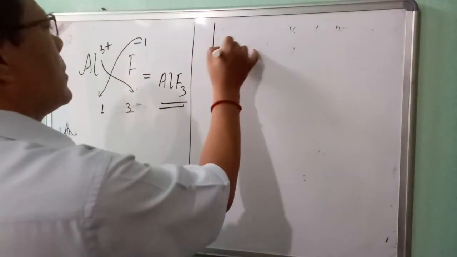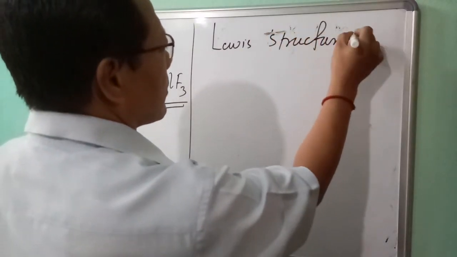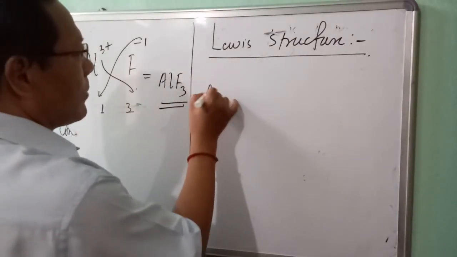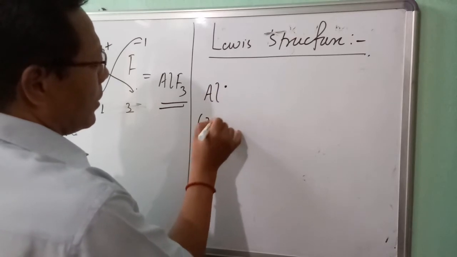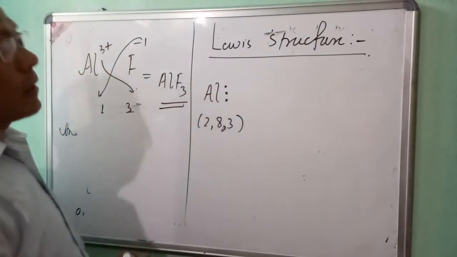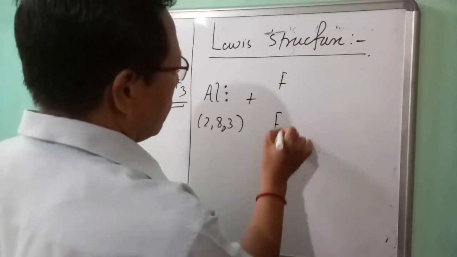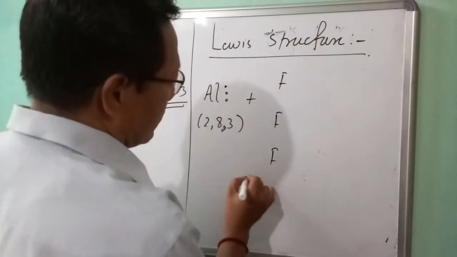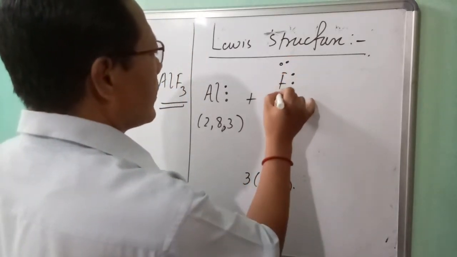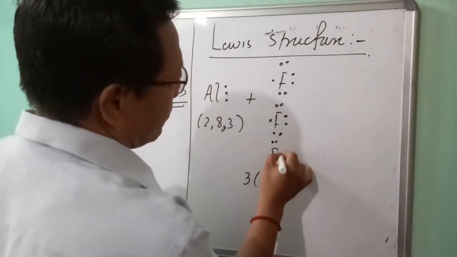We take the elements in the compound and draw their Lewis symbols. For aluminum, the configuration is 2, 8, 3, so the Lewis symbol has 3 valence electrons shown as dots. For the fluorine atom, the configuration is 2, 7, so the Lewis symbol of fluorine has 7 dots.